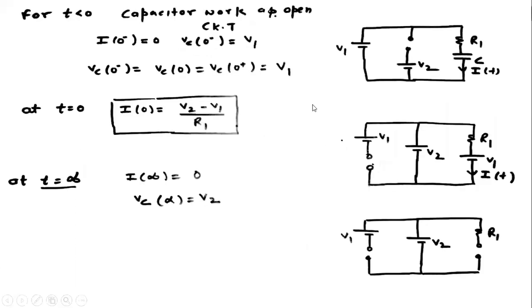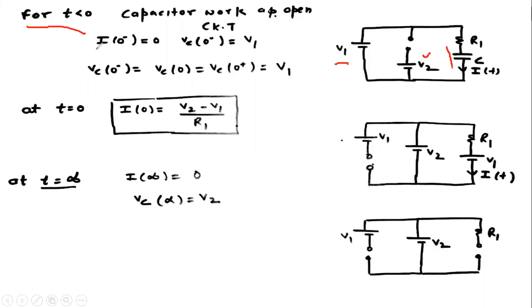So now we are starting. For t less than 0, voltage V1 is connected to the capacitor and V2 is open. This condition holds for a long time because the switch has been closed to V1 for a long time. In steady state condition the capacitor works as an open circuit.